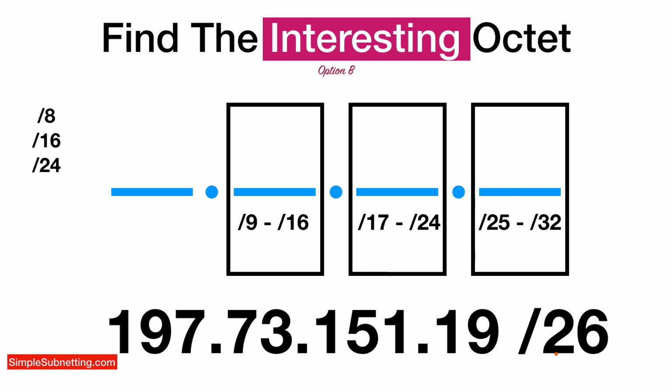For example, here it is 26. So I would go 8, 16, 24, and 26 is closest to 24. So I know that this is the interesting octet. Now, if that didn't make sense, don't worry. We'll get a lot more practice later.